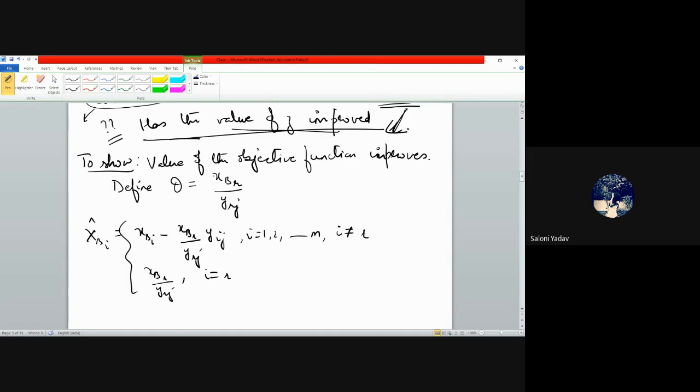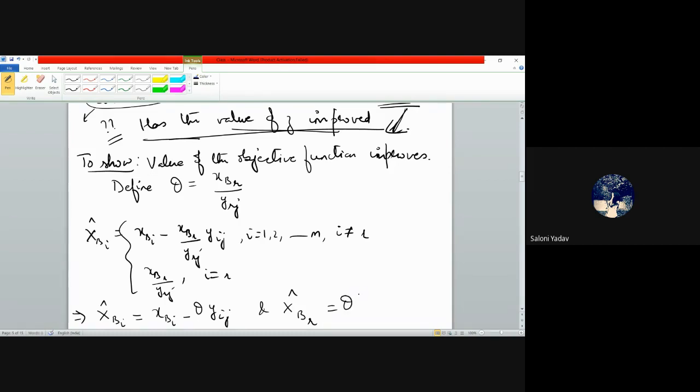Now what I have done is that I have defined this ratio as theta. So with this definition, my XBI cap is nothing but XBI minus theta Yij, for I not equal to R. And instead of writing this again and again, this term is theta itself, so I write it as XBR cap is theta.